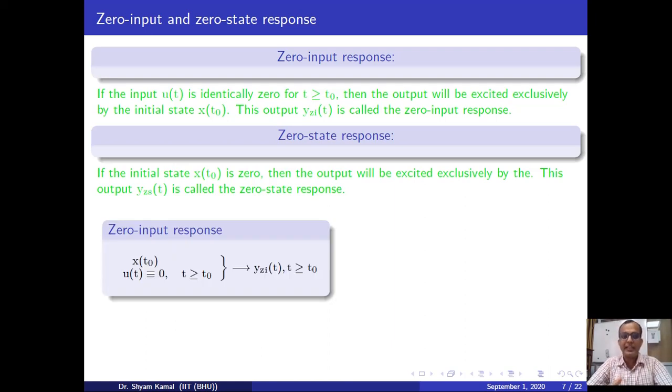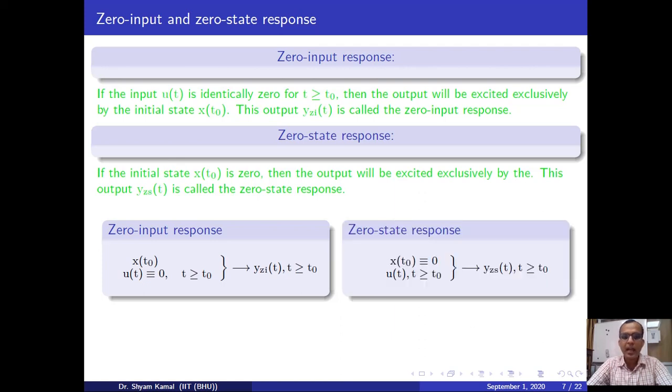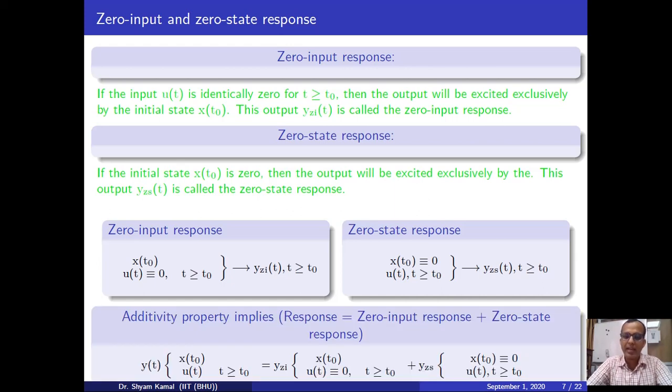Mathematically I can write the same thing like this: u(t) equal to 0, after that I note the output. Again I put x(t) equal to 0 and note the output. I have already told you that a linear system satisfies the additivity property. Suppose you know that your system is linear; this is also one of the ways to check whether your system is linear or not.